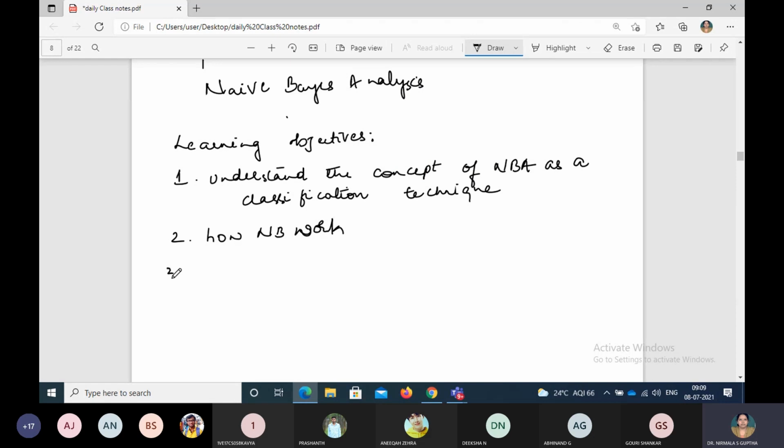The third objective, to use the naive-Bayes technique in different situations.